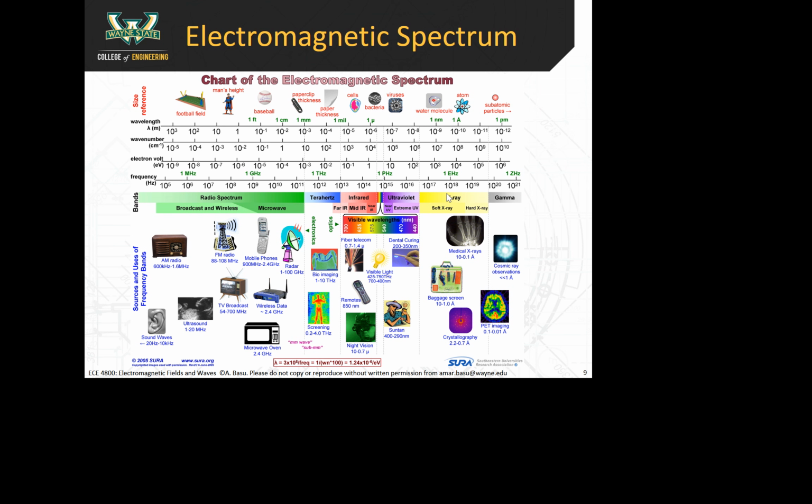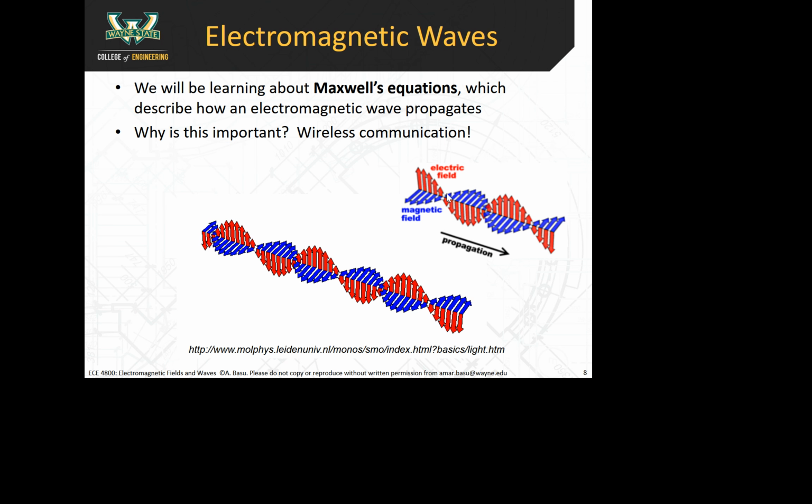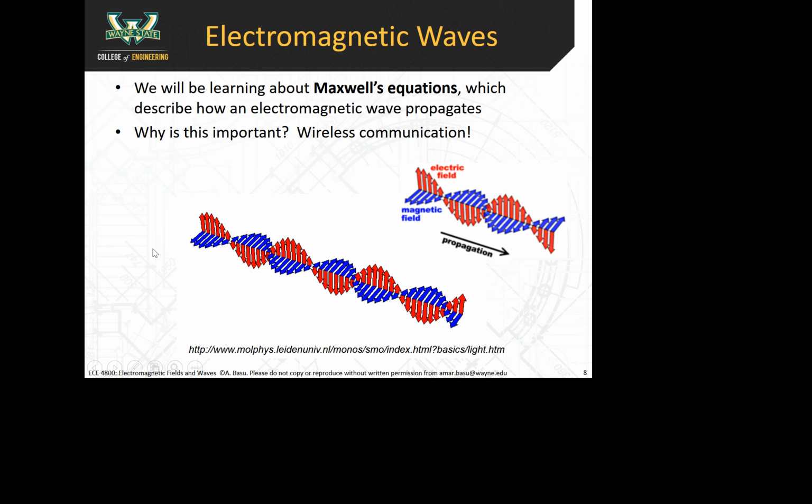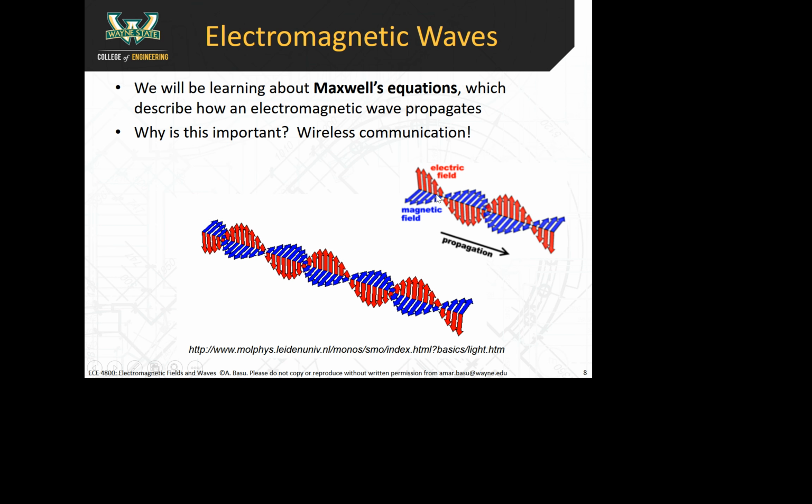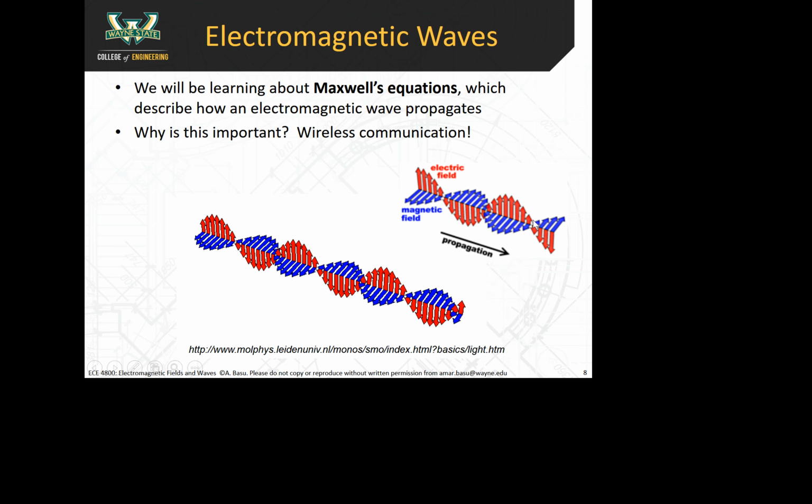Here's another chart that shows the electromagnetic spectrum. Many of you have already learned about this in your physics classes. It's nice to just cover it again. These electromagnetic waves have a property, a wavelength, associated with them. The wavelength is the distance from crest to crest or trough to trough. So it's the length of a single period of the wave, right?